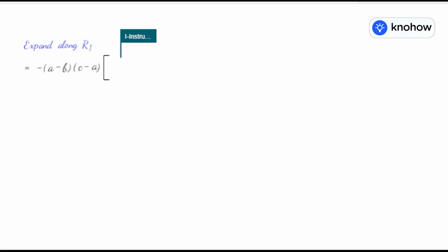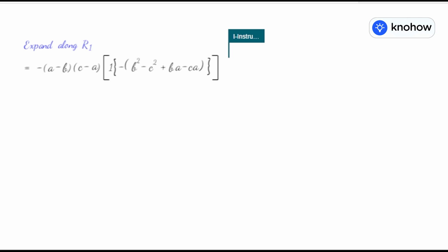Expanding with row 1, you get 1 times, delete the row and column, so 0 times C square plus AC will be 0, so you get minus 1 times B square minus C square plus BA minus CA. And this minus and minus will become plus. So you get A minus B, C minus A, and now this expression could further be factorized.